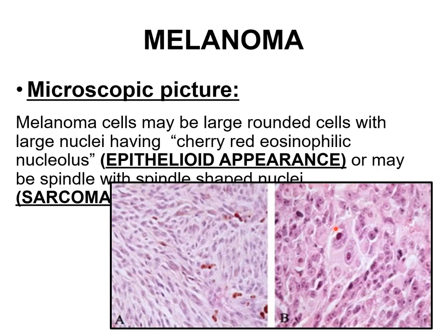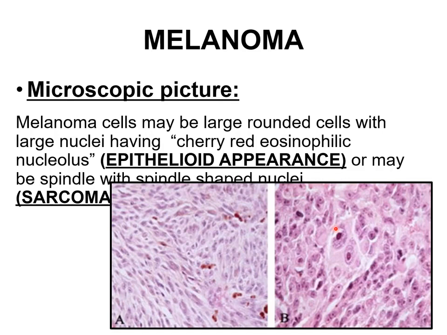So melanoma in the vertical growth pattern is characterized by irregular groups of large rounded cells with large nuclei and large eosinophilic nucleoli. These cells look like epithelial cells, so we call it epithelioid appearance.